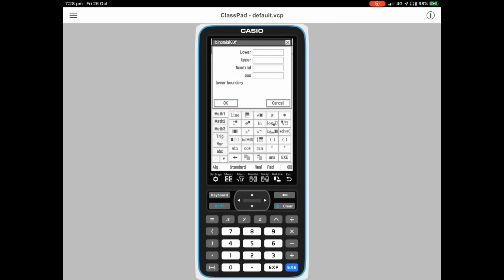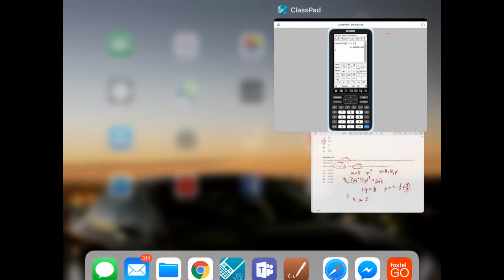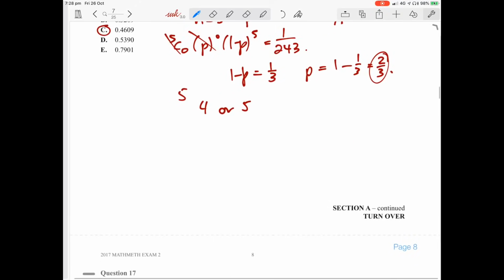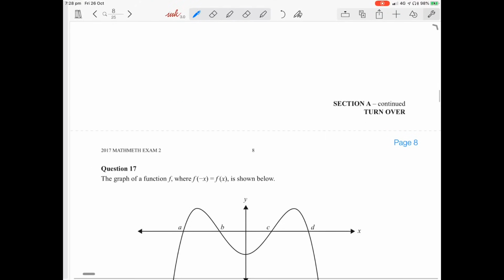We want to go from 4 to 5. We want to include both of them. 5 trials, 2 divided by 3, 0.4609. So 16 is C, assuming I haven't stuffed anything up.